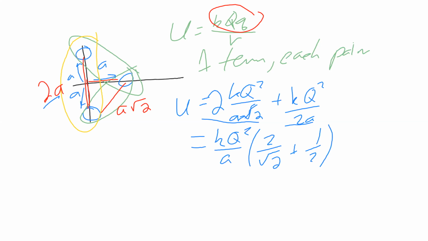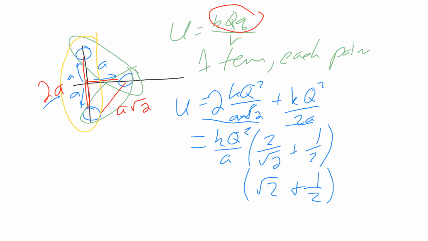So I could replace that with square root of 2, and I have plus 1/2. That doesn't quite match up with the answer choices yet either, but I can compare it to them. I have three answer choices that are a single term, kq squared with a 2 on top or bottom and an a, so I can get rid of those. Then there's one that has a plus sign and one that has a minus sign, and I'm guessing it's probably the one with the plus sign.